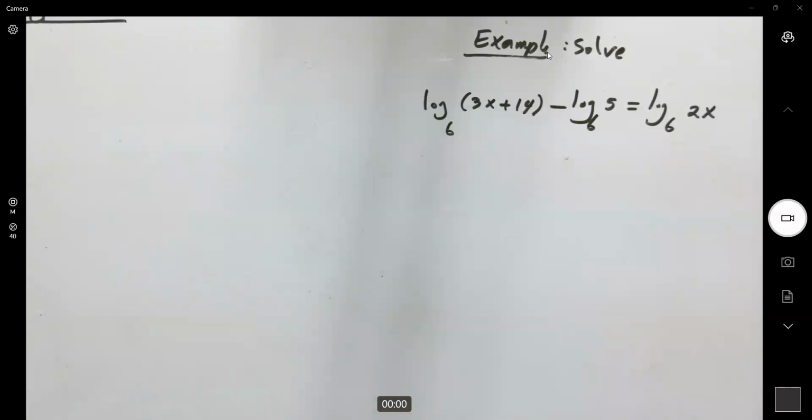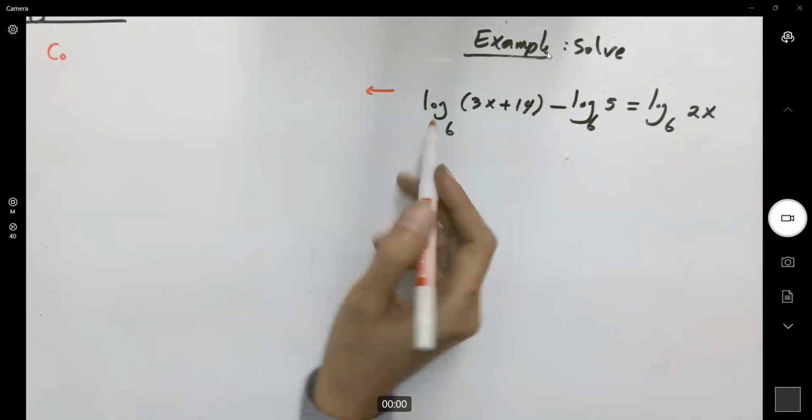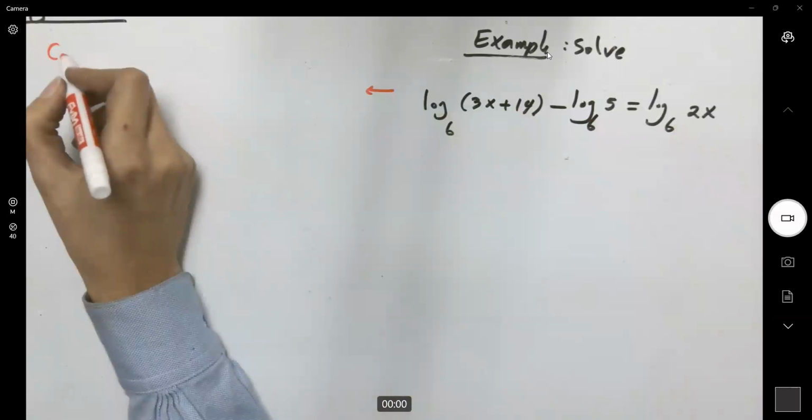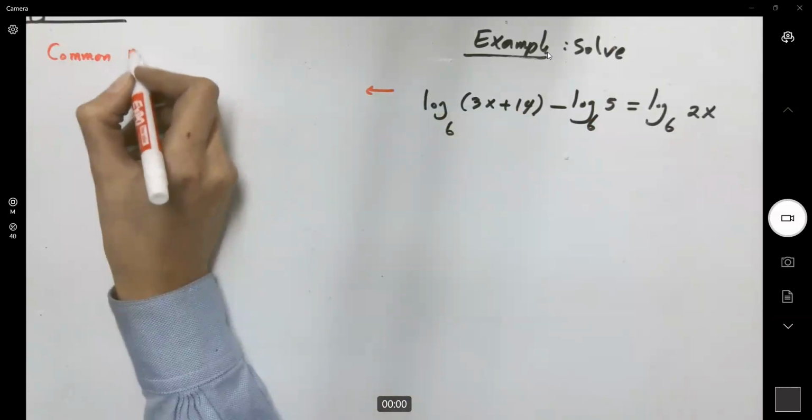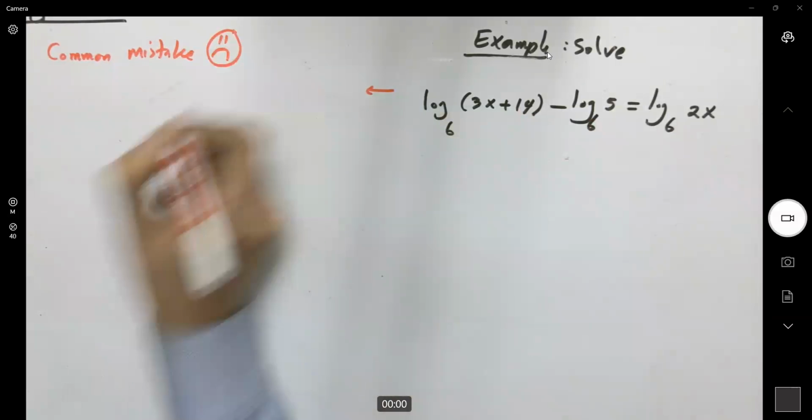Common mistake. Oh God, common mistake. Students start canceling out these logs. It's a no-no.